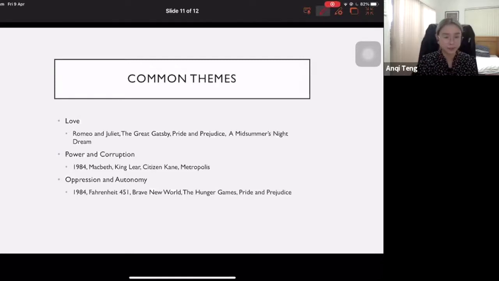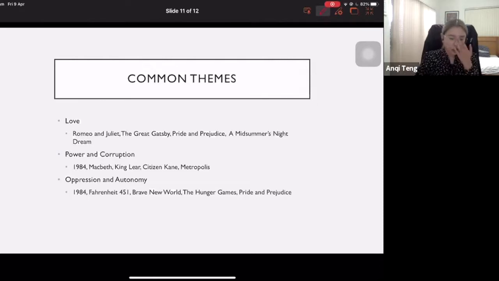Oppression or autonomy. Oppression or autonomy is, I feel like, not as obvious a theme, but it is also a theme that you see almost in every text. Right? Autonomy is this idea of self. It's this idea of individuality and being able to make decisions on your own behalf, not to be controlled by the society or the rules that govern you.